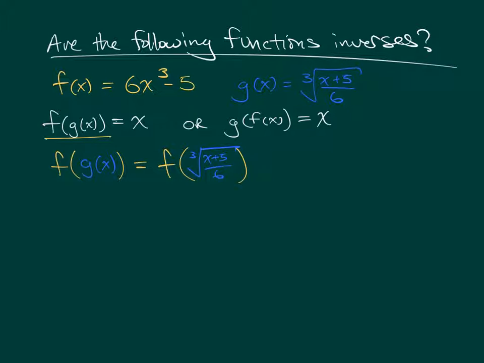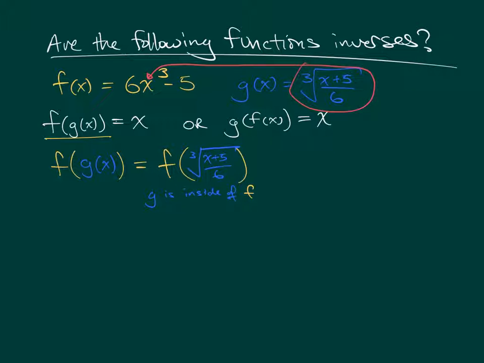So how can you think of this? You can think of this as g is inside of f. And what that looks like is you take this cube root of x plus 5 over 6 and you stick it in for x over here.